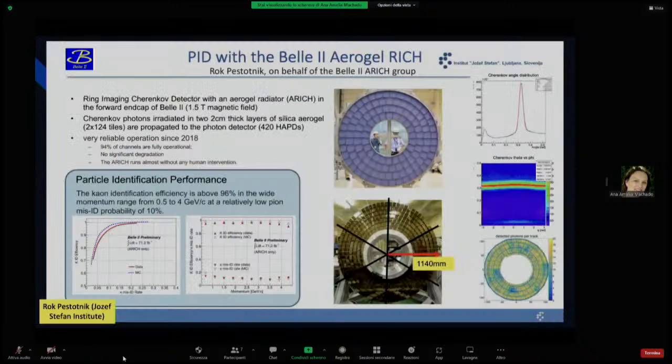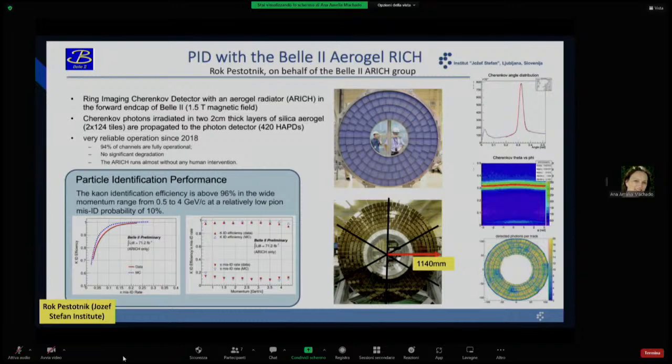And the last one is a work about particle identification with the Belle II spectrometer. The ARICH counter of the Belle II spectrometer has been successfully operating since 2018 with the nominal design luminosity.